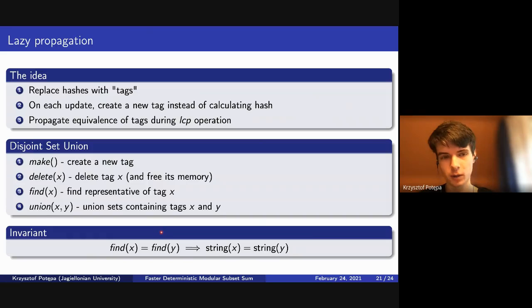So for example, if we do set operation and we update nodes on path to the root, then we just create a new tag that is in singleton class in this disjoint set union, and put a new tag like this in every node on the path to the root. And later, during the LCP operation, we will join these sets in our disjoint set union to make it amortize.